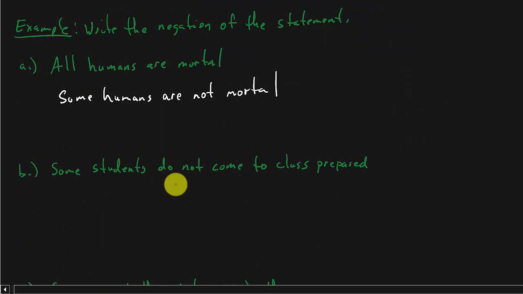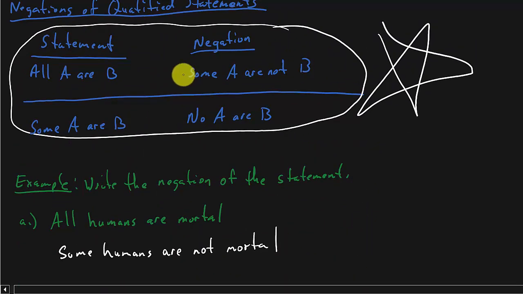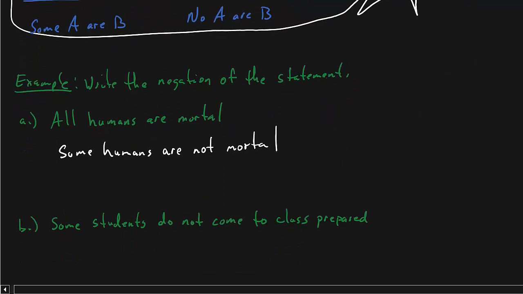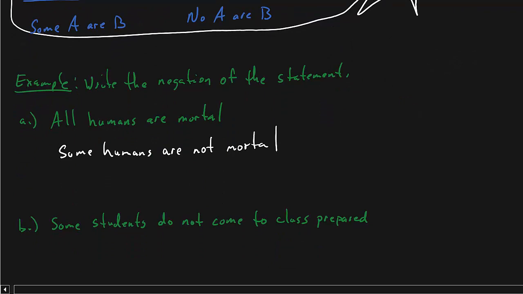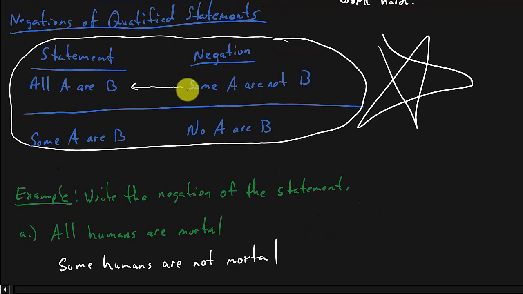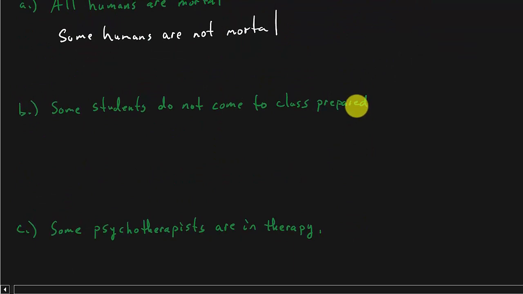Some students do not come to class prepared. So we're going from here to here. And what I would say is, if you're watching this video, just jot this down on a piece of paper so you can look at it, because I'd have to keep scrolling back up and down. So here we have some students do not come to class prepared. So that would be what?